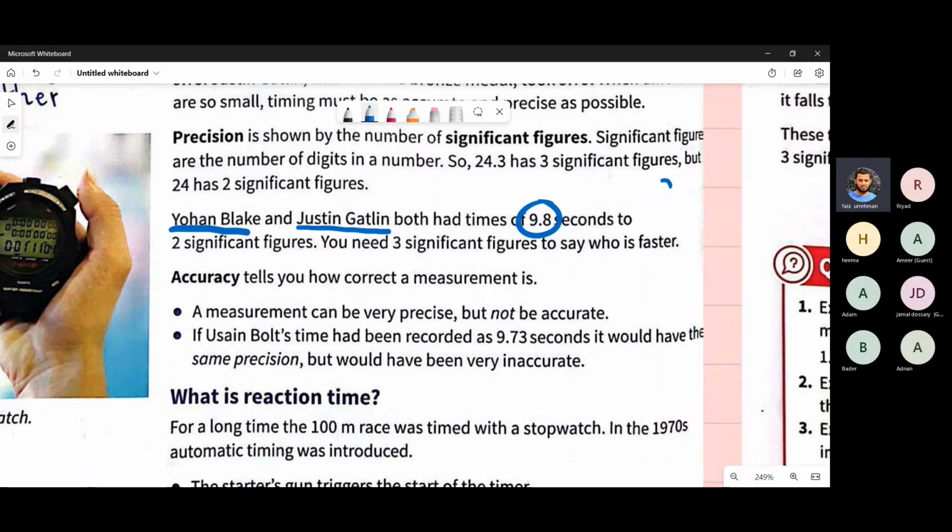If the stopwatch gave us something like 9.83 and 9.87, then we can decide a winner. But if we take a cheap watch, it gives us 9.8 and 9.8. It will be trouble to decide the winner. So that's why precision comes into importance.